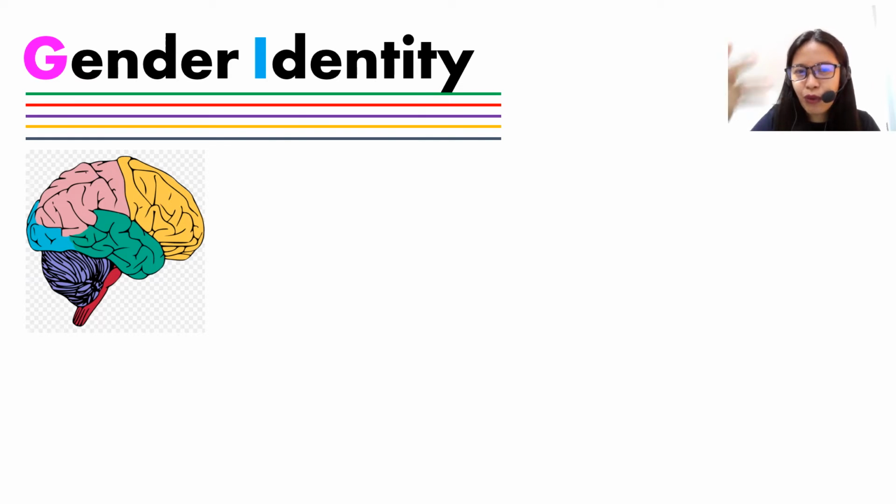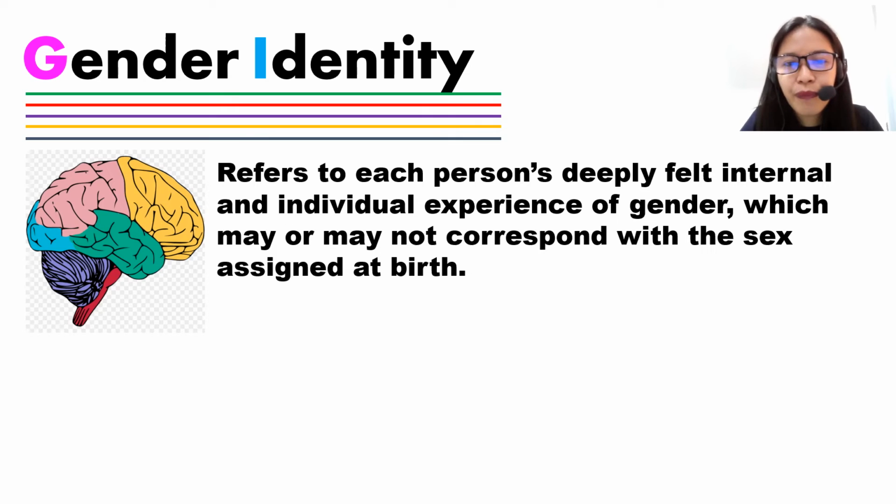It's what we call gender identity, because gender identity refers to each person's deeply felt internal and individual experience of gender, which may or may not correspond with the sex assigned at birth. So these are identities that they know for themselves, and it's their brain telling them that this is their gender.